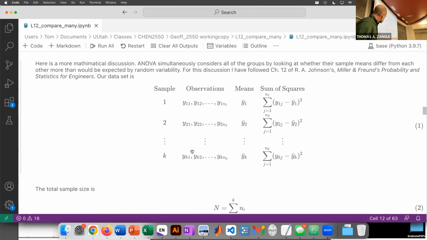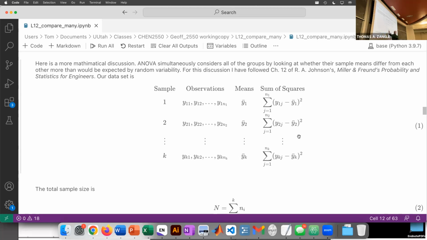So let's look at some notation here. We're going to have samples 1 through k. Again, for ANOVA, k should be 3 or larger. If k is 2, then we're just going to be doing a t-test. So we're going to say the number of samples is k.